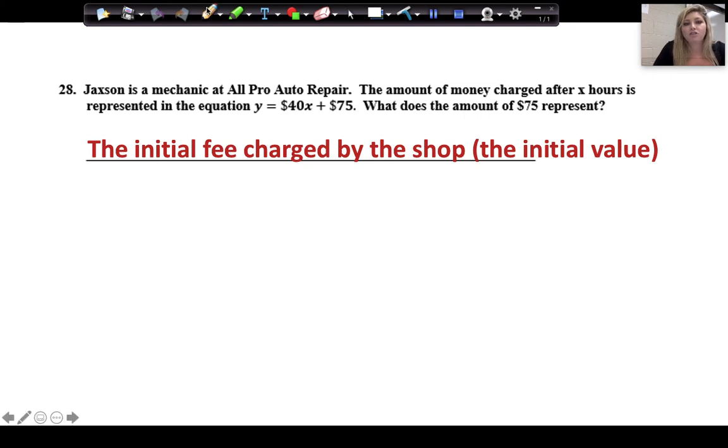Our y-intercept is always the initial value, the beginning fee, the starting fee, the one-time payment. The slope is what happens again and again and again, like each hour, each month, each day, that sort of thing.